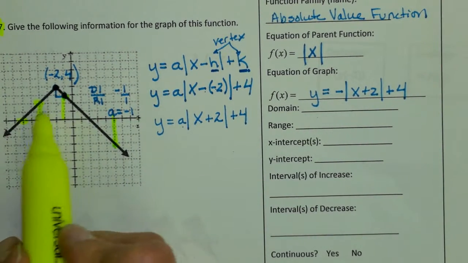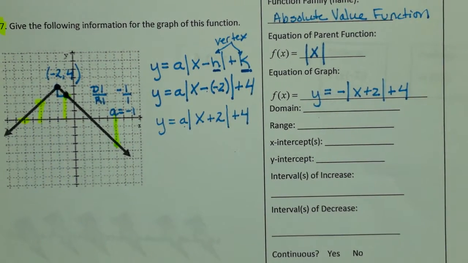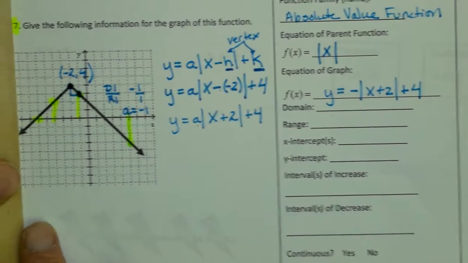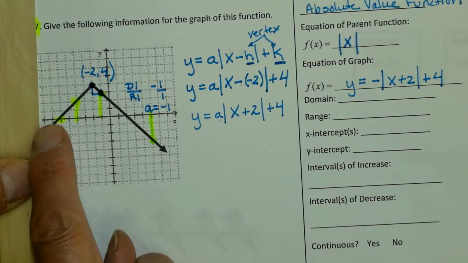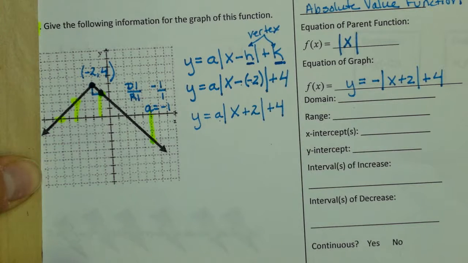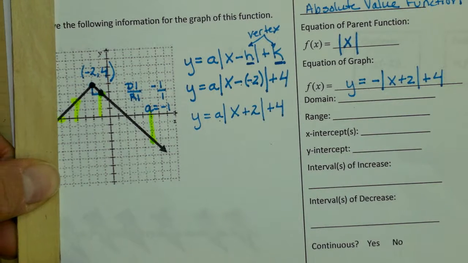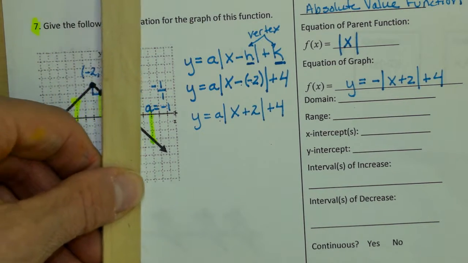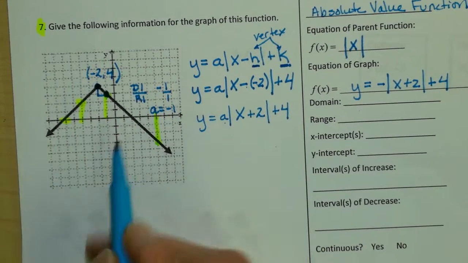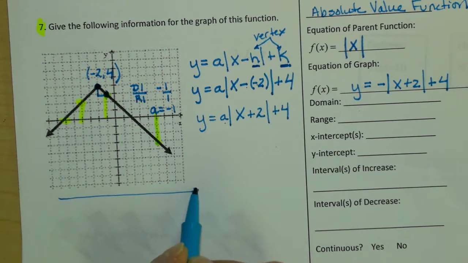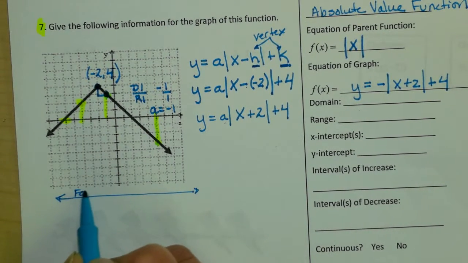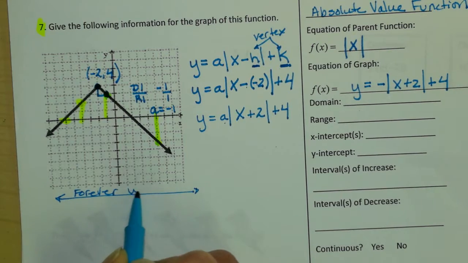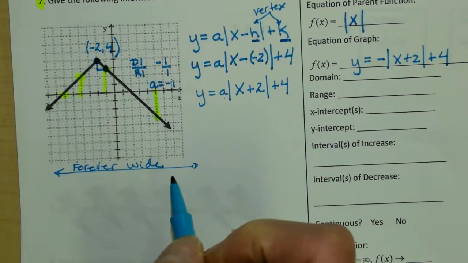So you can see that if I were to hold my stick vertically, it's always touching the x-axis, and as I move it, it's not only just continuing to touch the x-axis, it's also touching the function. So this function is forever wide. It keeps getting wider and wider.